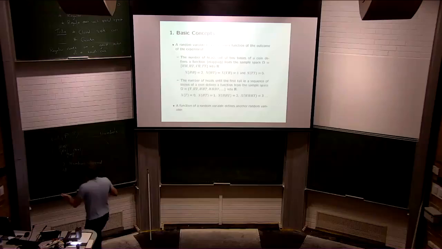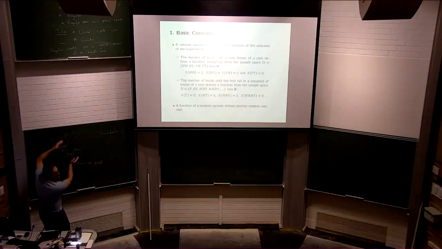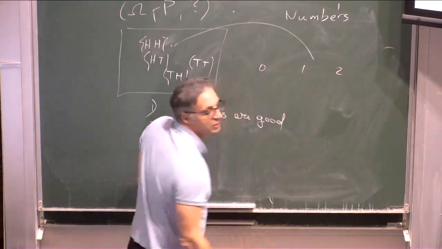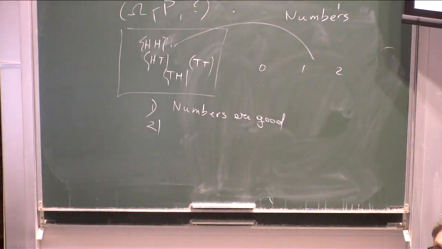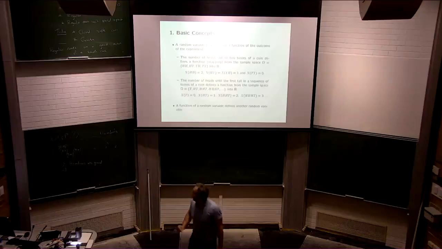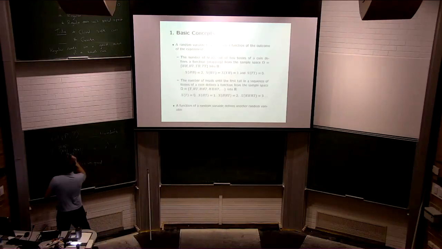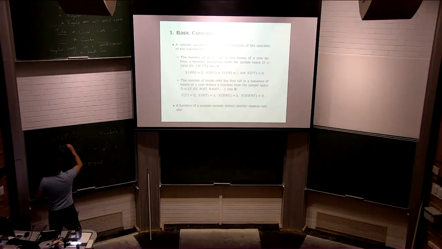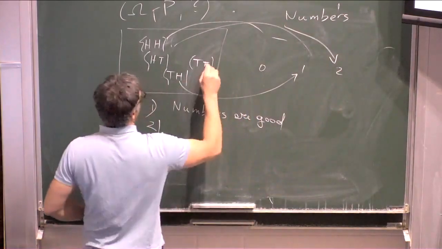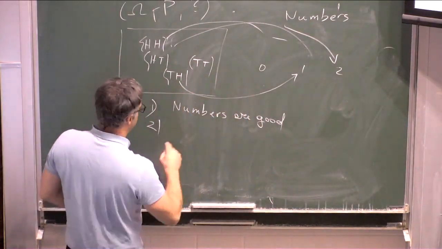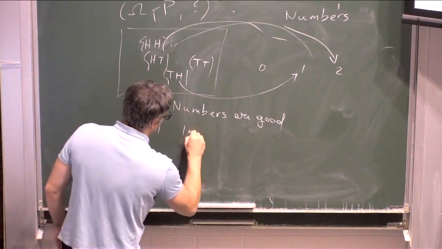I want to count the number of heads, so I don't need to carry these. 0, 1, 2, flipping twice, so these are the possibilities, right? This is an example. The function would be, this maps to 2. I'm counting heads here.